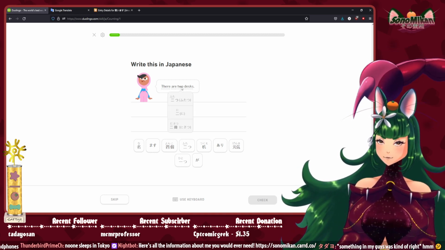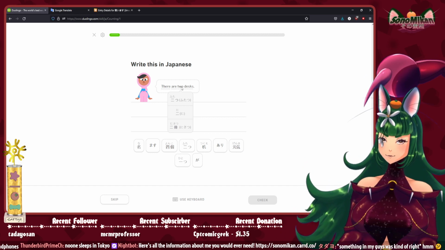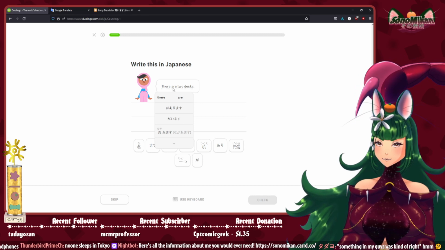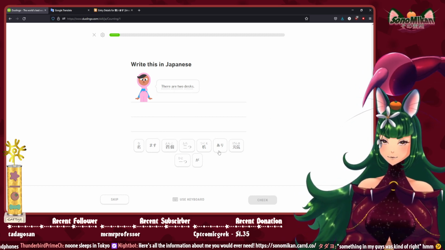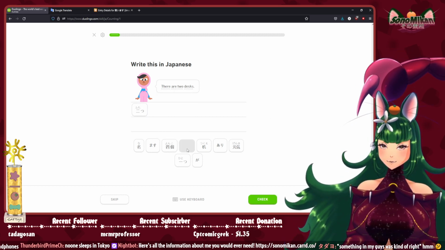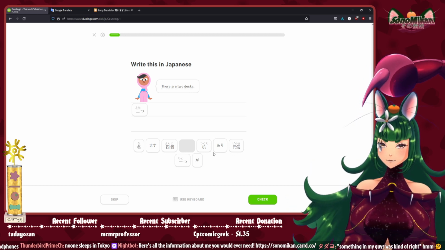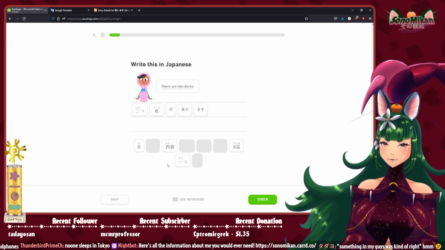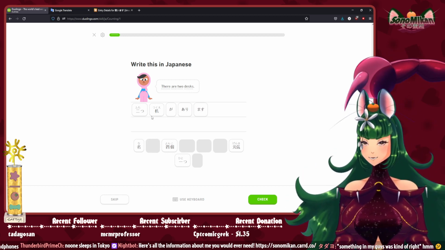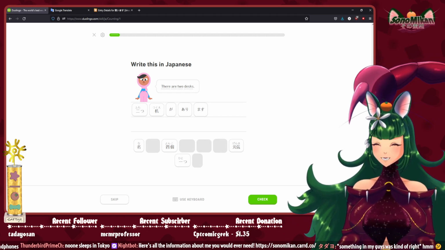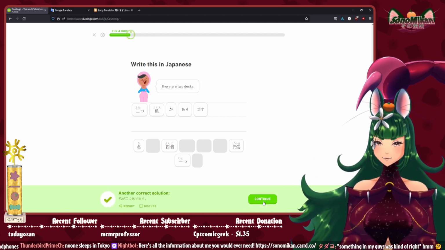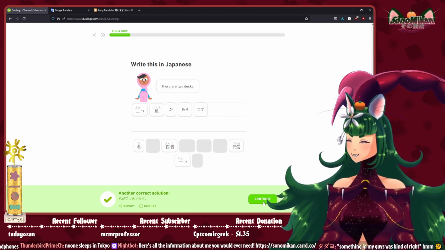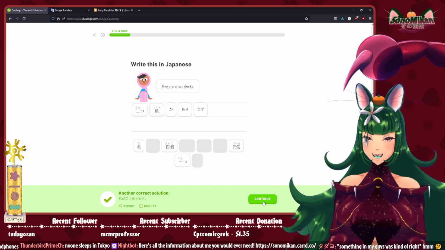So, 2つ机があります. Okay, I guess there's just not another particle. I felt like there should be a particle, but I guess there isn't. I always assume there should be a particle way more times than there actually should be.